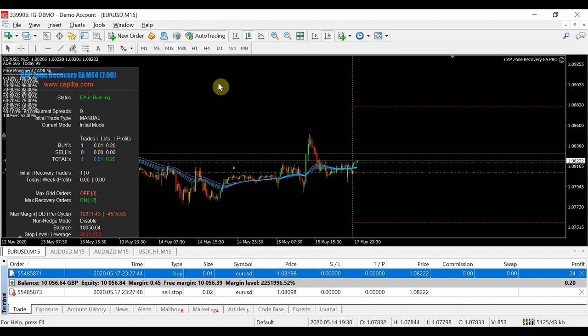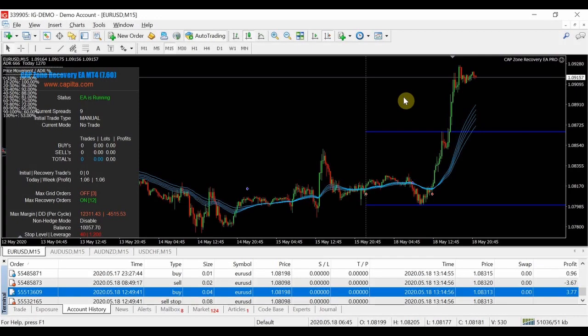Hopefully we can get this move, and it looks like it's doing pretty well. At this stage I'm not really fussed what happens. Let's just see, and we'll take it one step at a time. So I'll leave it there, and let's check back in once this trade starts evolving.